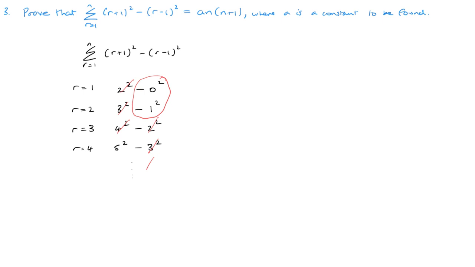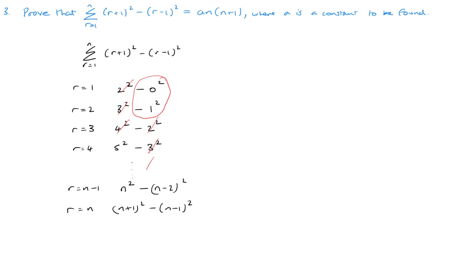So now we need to do the n minus 1, and we need to do the nth term, so the final two terms. So r equals n minus 1: n minus 1 plus 1 squared is n squared, minus n minus 1 minus 1 is n minus 2 squared, and n plus 1 squared minus n minus 1 squared.